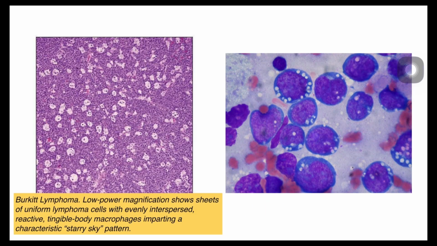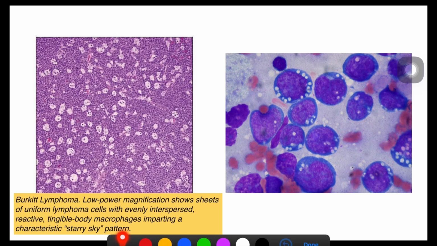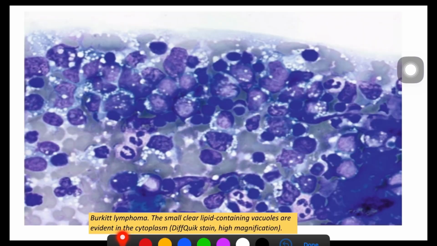So this is the HE section at lower magnification, showing sheets of uniform lymphoma cells with interspersed reactive tingible body macrophages, which gives a starry sky appearance. The cells show vacuolization and deeply basophilic cytoplasm, and these are Burkitt cells.